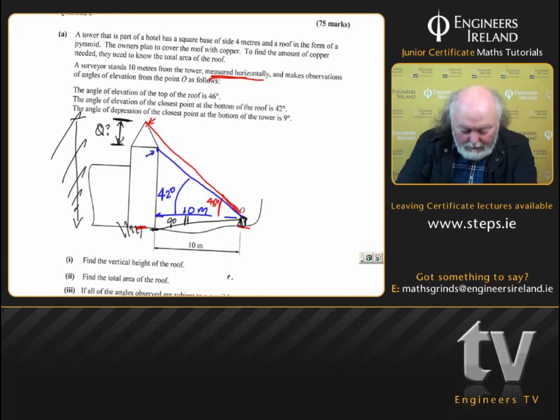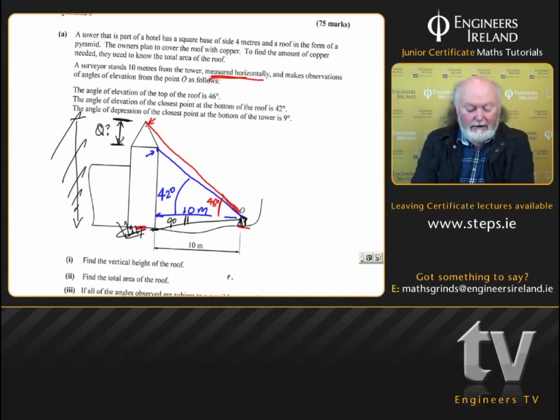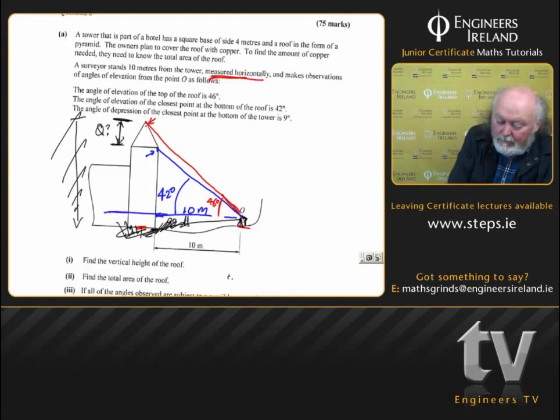And if all of the angles observed are subject, you will find that again we need nothing about this down here. We're going to do all our work from that line here.